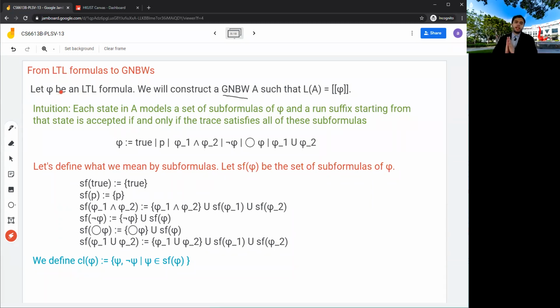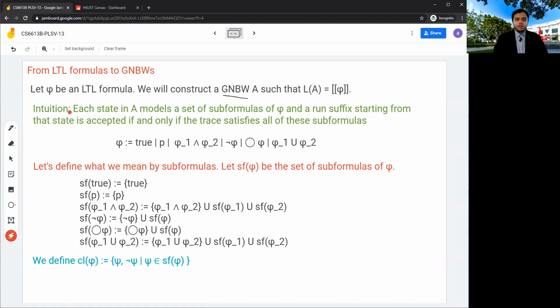But if I look only at the suffix starting at index 1, then some other formula holds. If I look only at the suffix starting from index 2, then some other formula holds, and so on. I basically want to keep track of the formulas that hold at every suffix. So ignoring any finite prefix and just taking the rest of the input, what formulas hold.